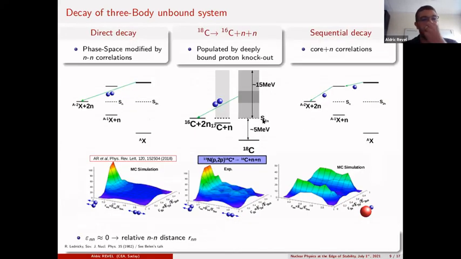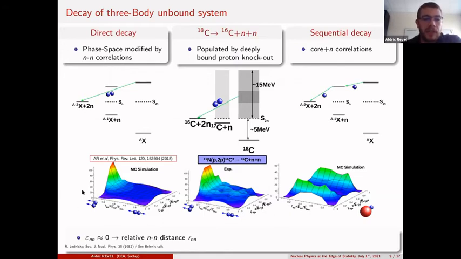So now that we have populated the states, they will decay, and mainly 2 types of decay can occur. Direct decay, like I show here on the top left, where the 2 neutrons will be emitted simultaneously. In this case, we expect to have some phase space modified by some neutron-neutron correlations.